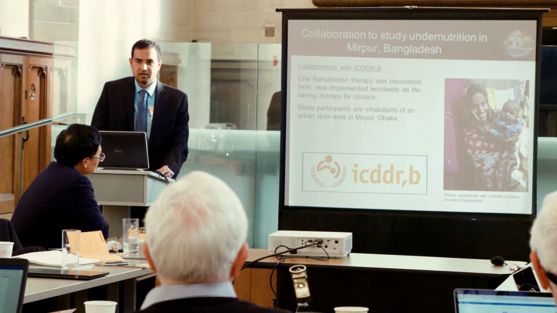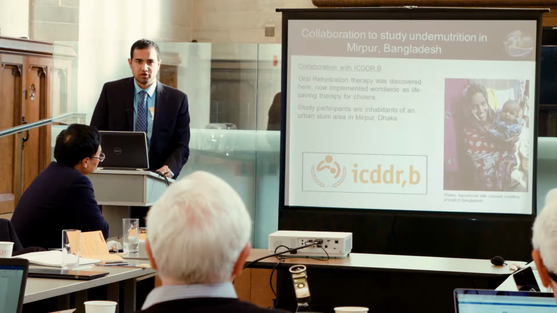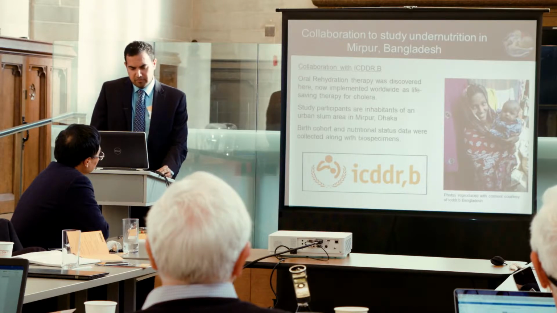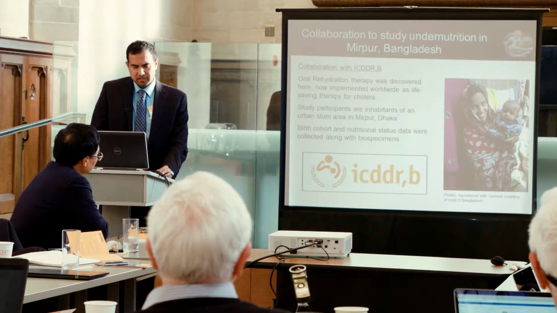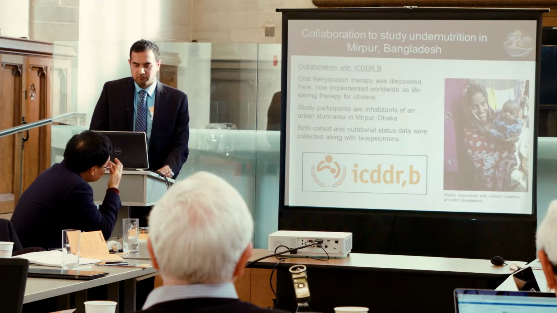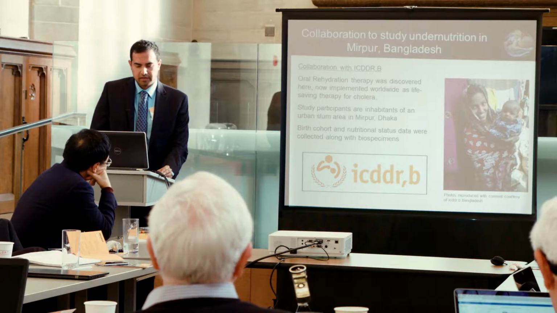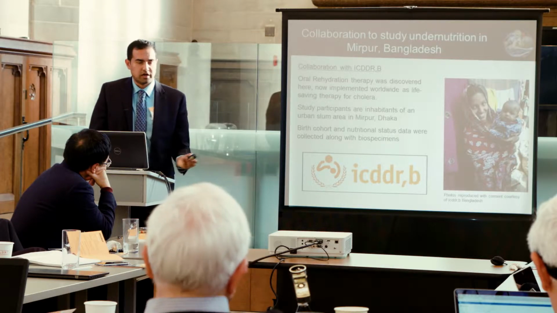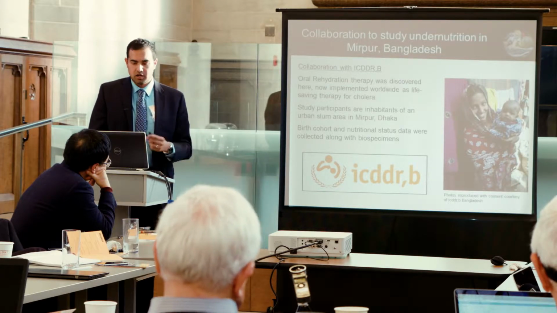The population density is in the 70,000s, so that's about 4 times New York City, to give you an example. And incredibly, despite that density, the population is incredibly well followed by this organization, ICDDRB. Their mothers, children, and families are able to be followed on a years long basis.